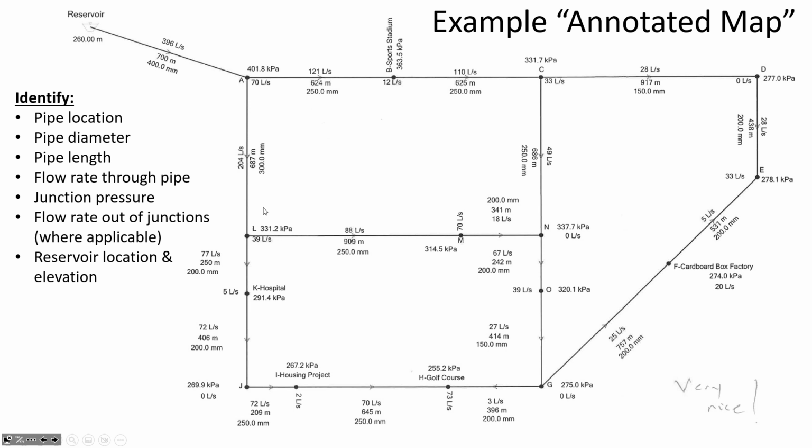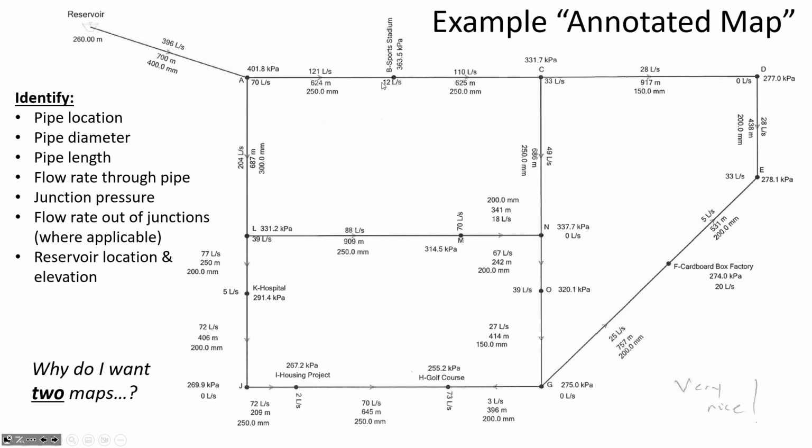You can see that all of the things that we need to know are annotated in a really nice way: the pressure at the junction, the flow rate being withdrawn at a junction, the flow rate through each pipe, its length, its diameter. I think some of it was automatic, some of it they had to manually adjust at each of the locations. But I wanted to draw your attention to the fact that it's part about getting the right pipe size, but it's also about making the map neat and professional and a reflection of all the work you've put into the project so far.